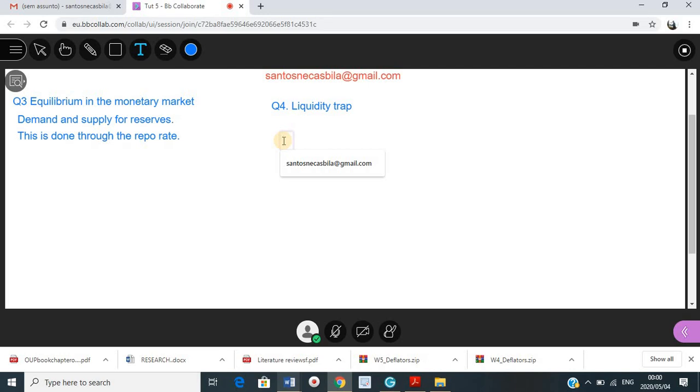Let me again try and increase money supply. It increases money supply again. The more the central bank increases money supply, the interest rate also follows the movement, all right? It is going to decrease in the same proportion that the central bank is increasing money supply. And it reaches a point whereby it hits the lower bound, all right?